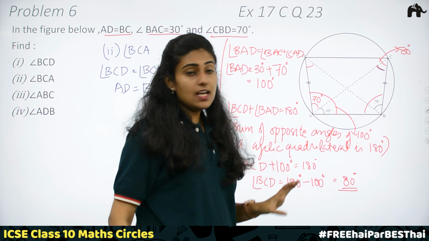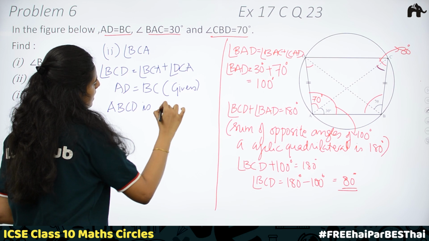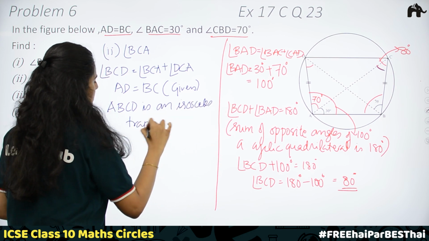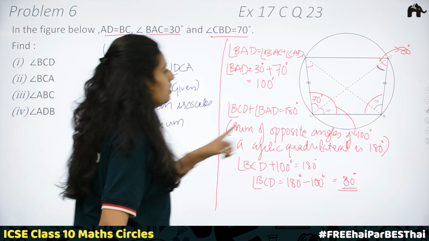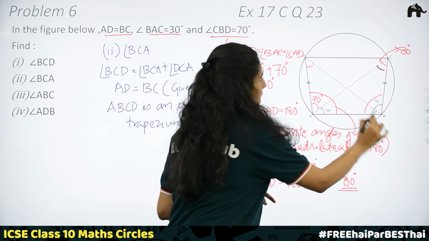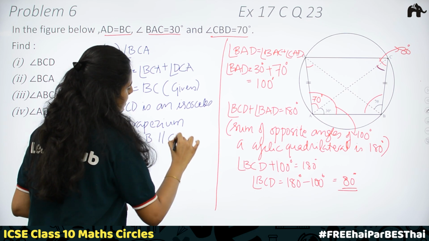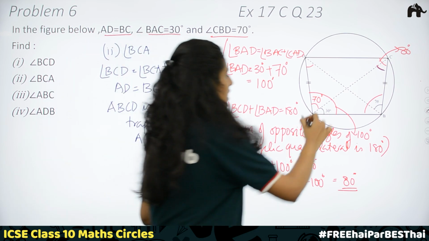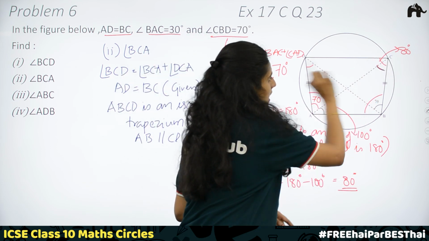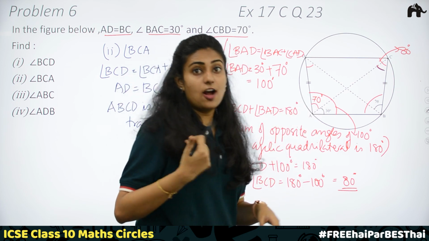For a quadrilateral, given the opposite sides are equal and these are the non-parallel sides, this figure is an isosceles trapezium. ABCD is an isosceles trapezium. Non-parallel sides are equal in length. Then AB and CD are the parallel sides. AB is parallel to CD. Then AC is a transversal. When a transversal passes through parallel lines, you have co-interior angles, corresponding angles, and alternate interior angles.